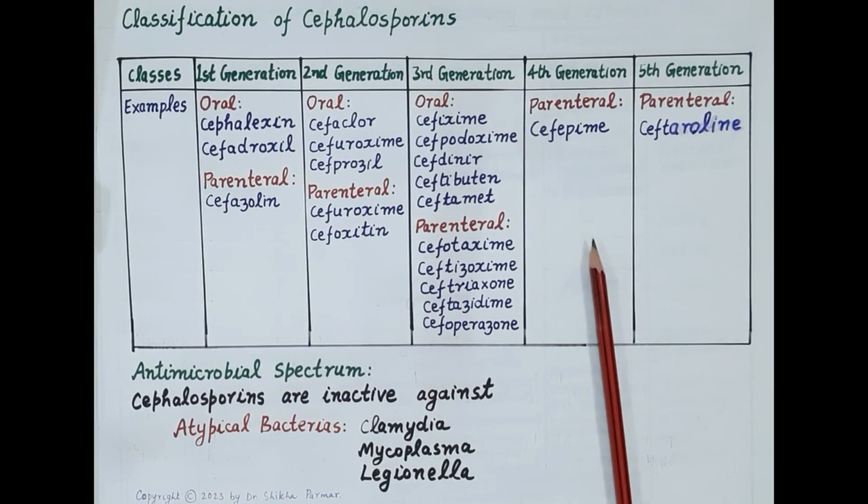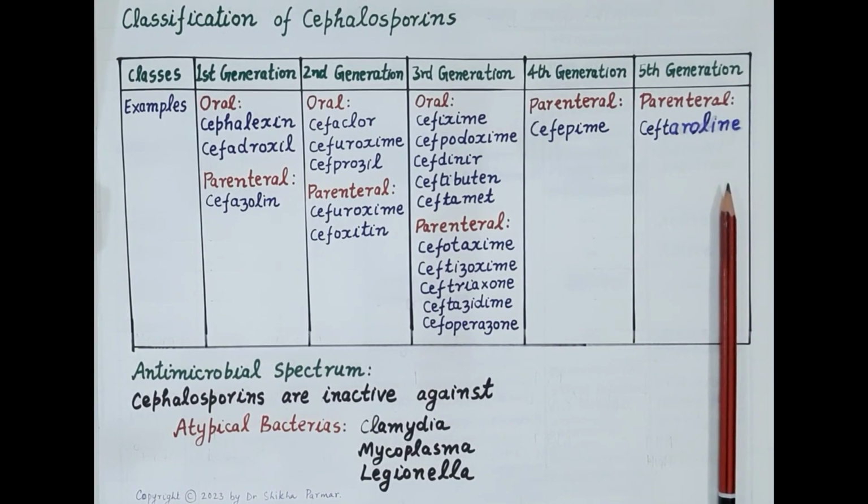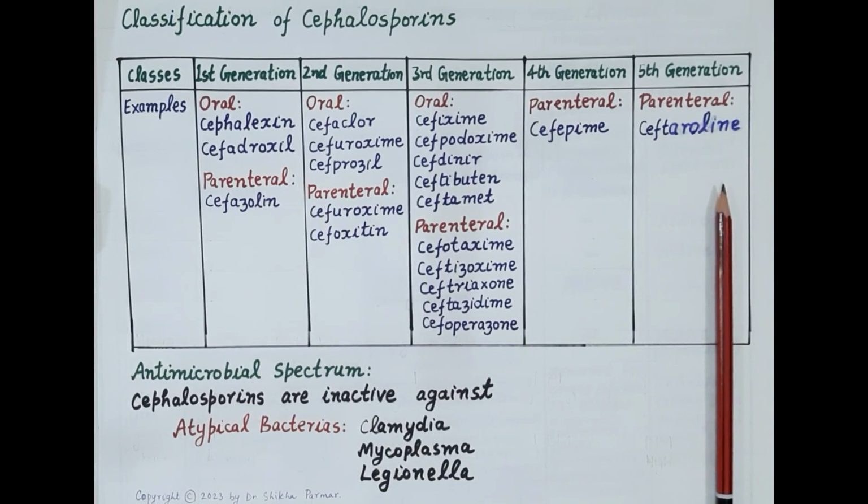And this drug is reserved for severe infections like hospital-acquired pneumonia, septicemia. Now, 5th generation ceftaroline is the only cephalosporin that is active against resistant gram-positive strains like methicillin resistant Staphylococcus aureus.